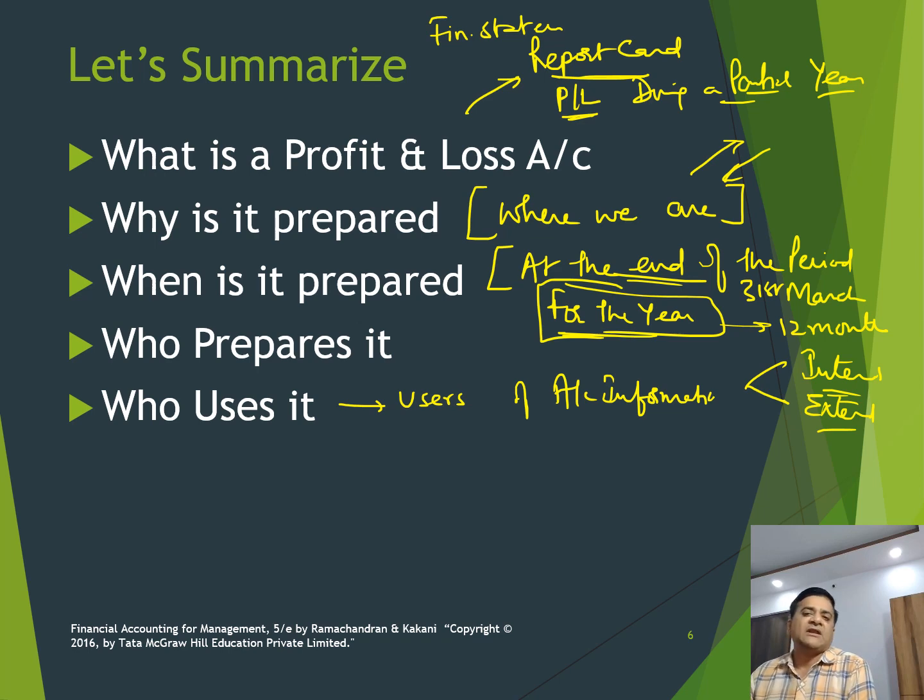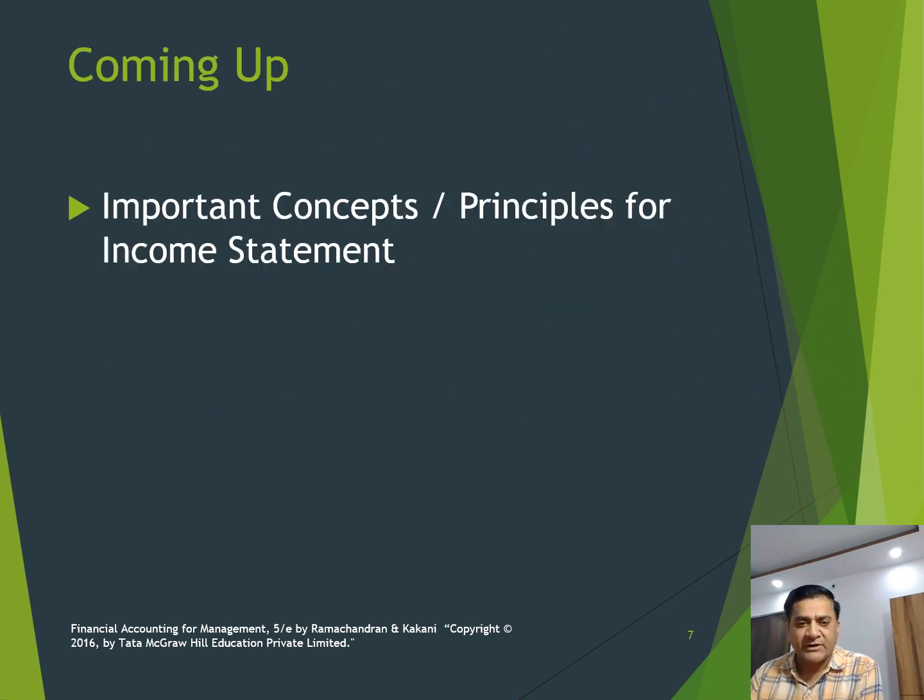Different types of users have different objectives for taking out the information from the financial statements, especially the profit and loss statement. So this is all about the introduction to profit and loss account.